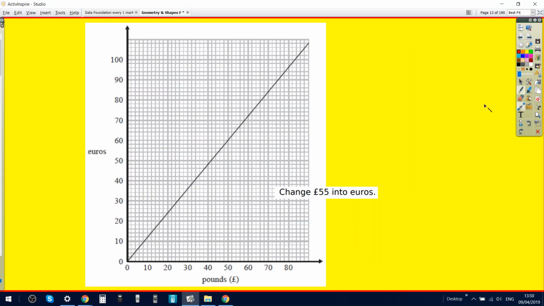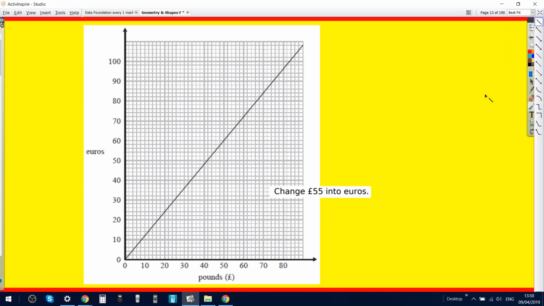How do you do this? Change 55 pounds into euros. So you find 55 pounds at the bottom and draw a line up until it hits the diagonal line. And how do I find 55? How many squares is it? So it looks like there's 5 squares.